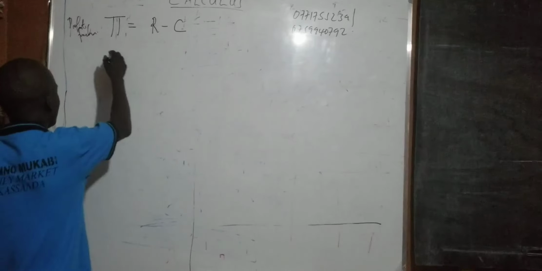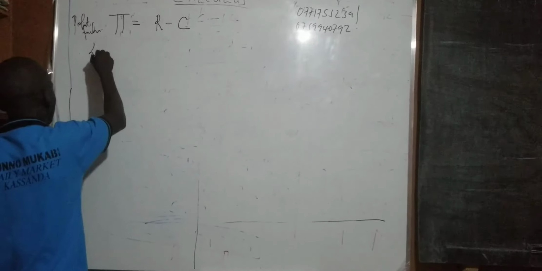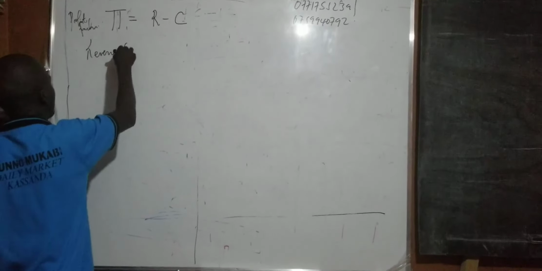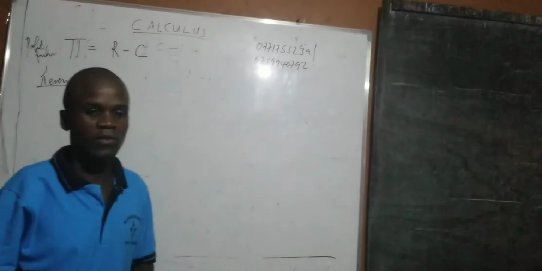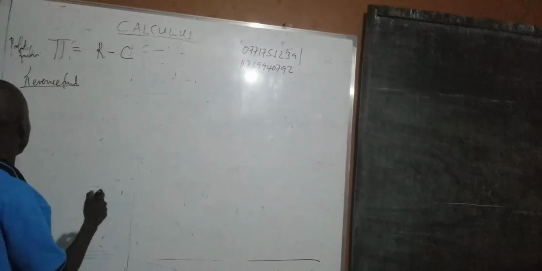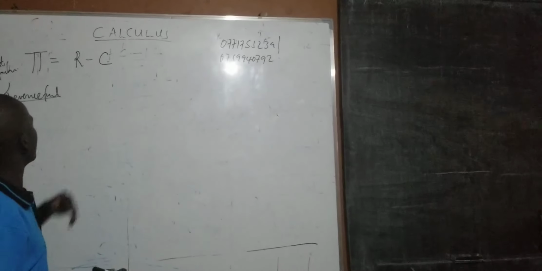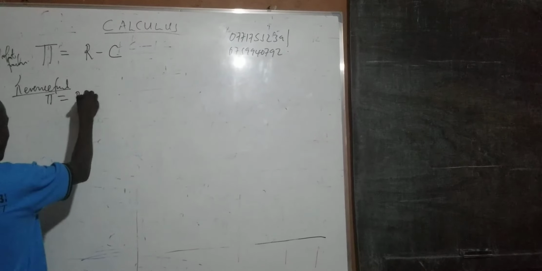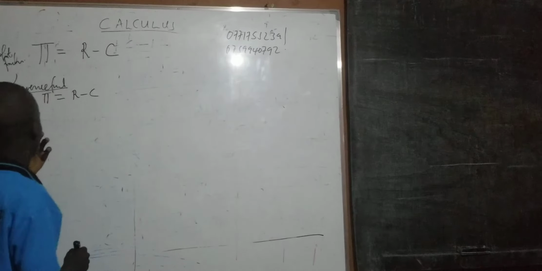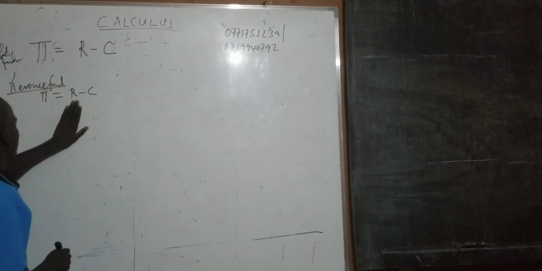The second function is the revenue function. You need to look at the various ways of how to get these functions. How to get the revenue function? One, it can be got from the profit, though it is not common. Profit equals revenue minus cost. This time round, we can make revenue the subject.